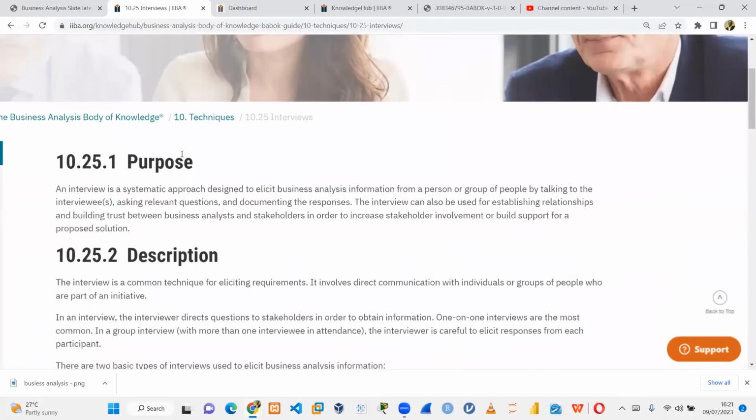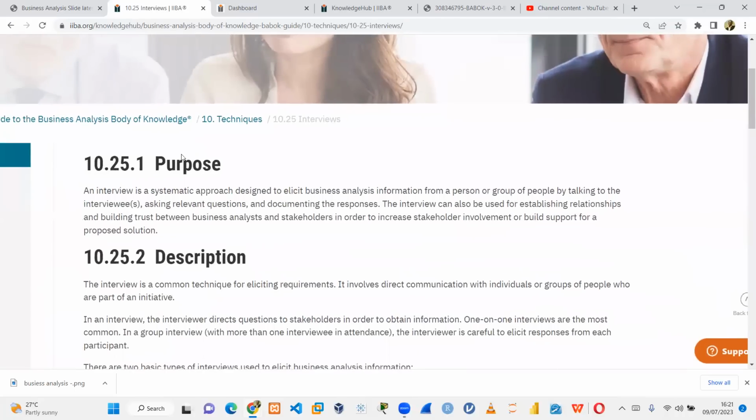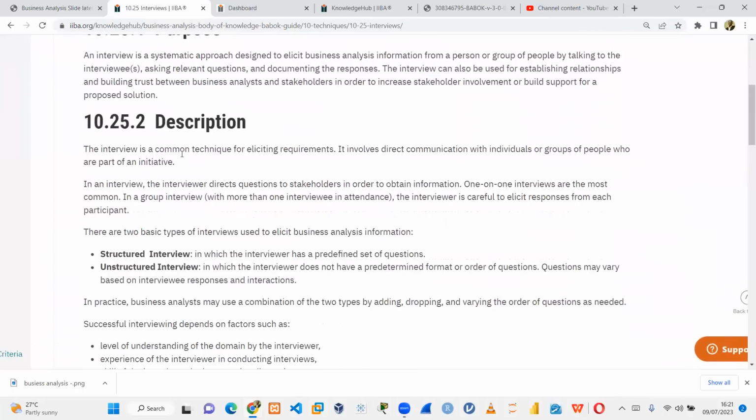The interview can also be used to establish relationship and build trust between business analysts and stakeholders. Like I told you, the job of a business analyst is to intermediate between technical teams, stakeholders, project sponsors and the rest, in order to increase stakeholder involvement or build support for a proposed solution.